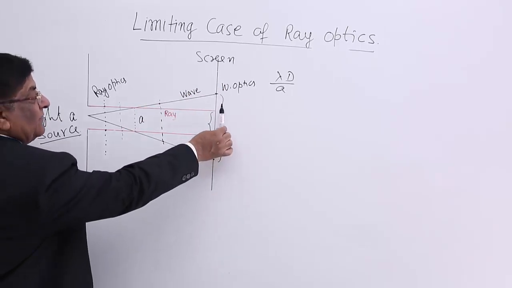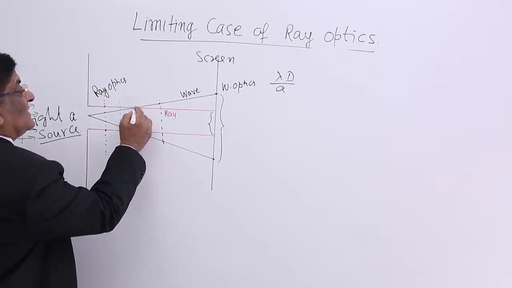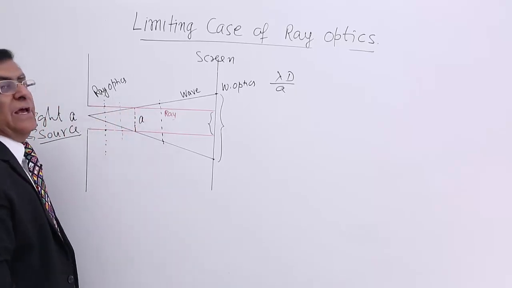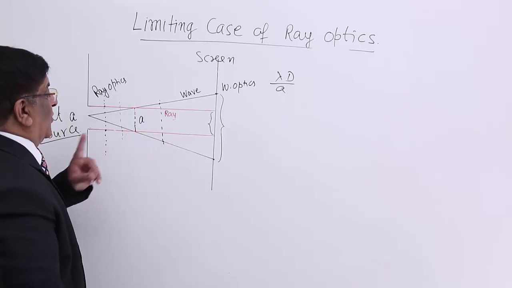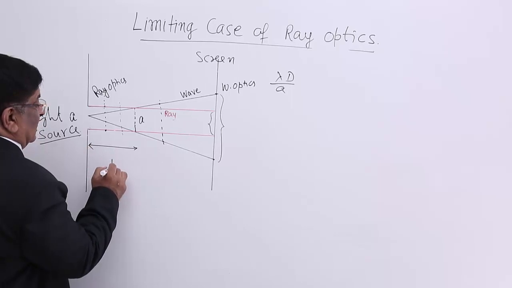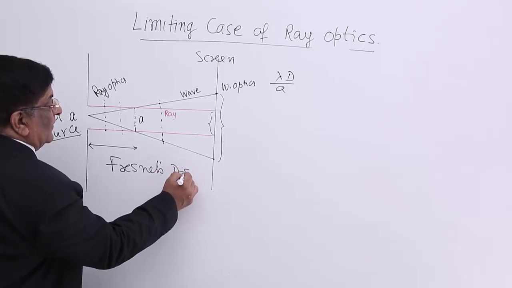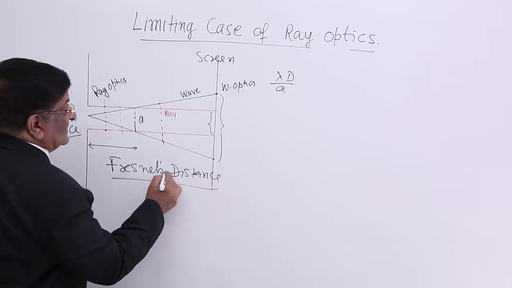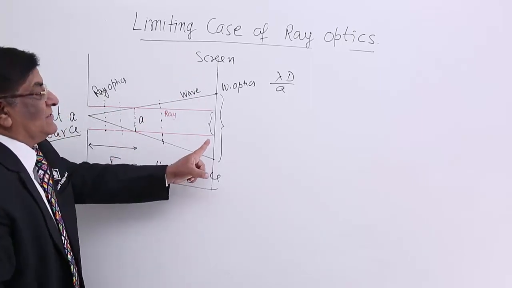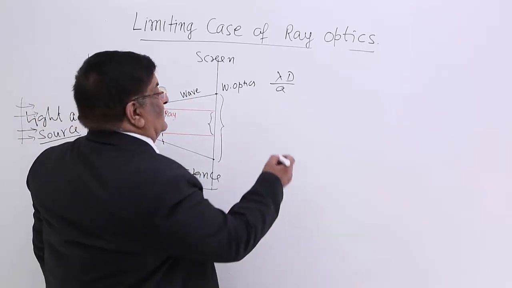So here wave optics is applicable, here ray optics is applicable, and this is a point where ray optics converts to wave optics calculations. This is that border point, and this distance we call as Fresnel's distance. So Fresnel distance is that distance, that is the limiting case of ray optics. After this distance, we take the calculation of image according to wave optics.